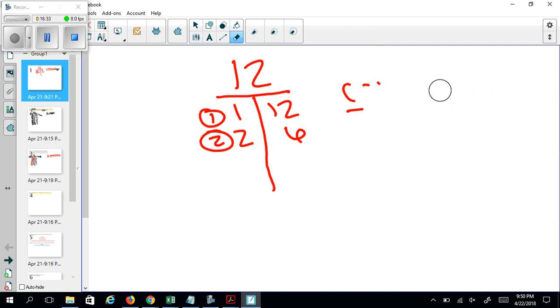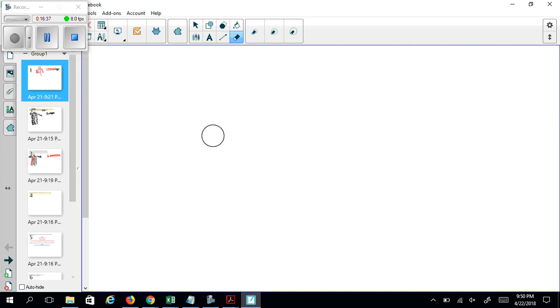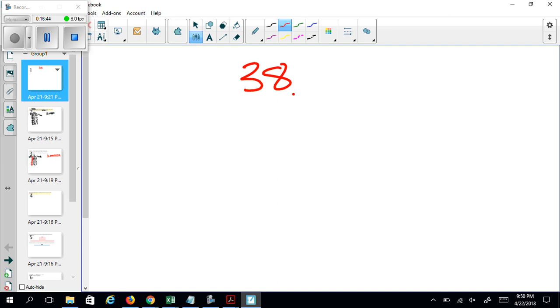Okay? So let's take a look at a different number. And let's look at 38. Okay? Now, the first thing you want to notice is the 8 in the ones place. This is the perfect way to see if this number is prime or composite, because all even numbers, with the exception of 2, are composite numbers because you can always have 2 as a factor.